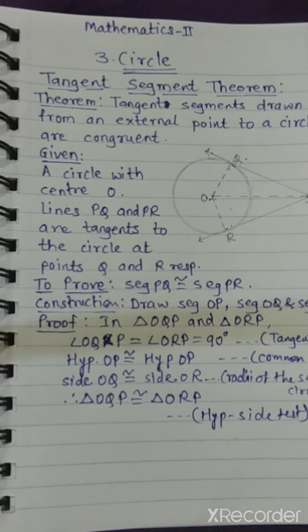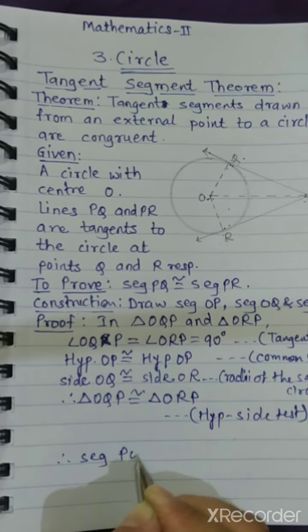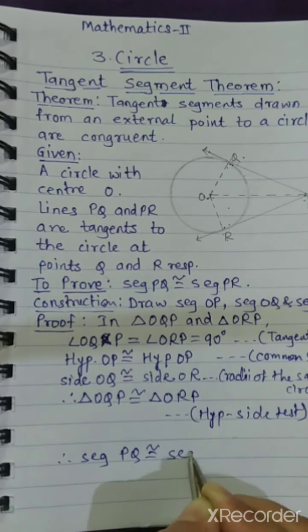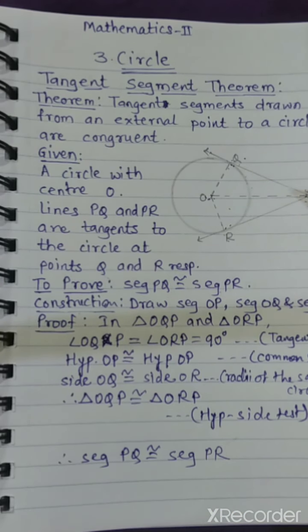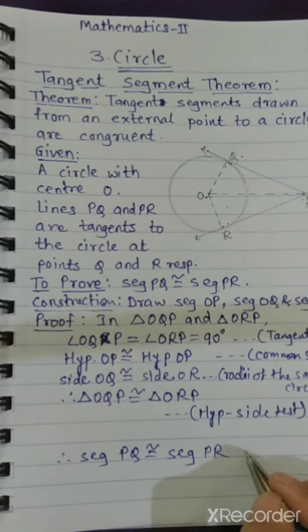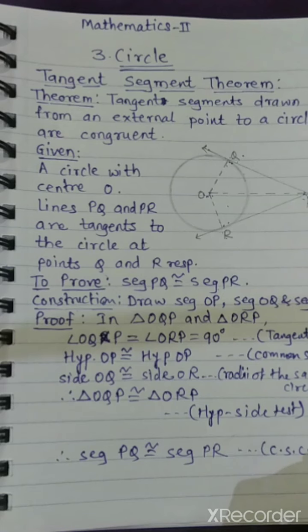If two triangles are congruent, then their corresponding sides are also congruent. So we can say that segment PQ is congruent to segment PR. And what is the reason for that? Corresponding sides of congruent triangles.